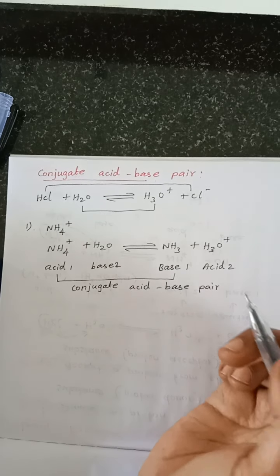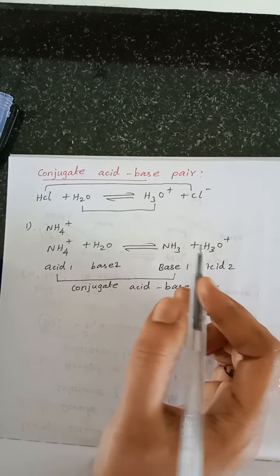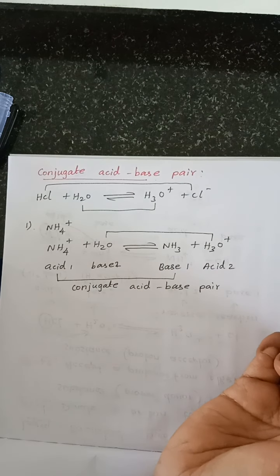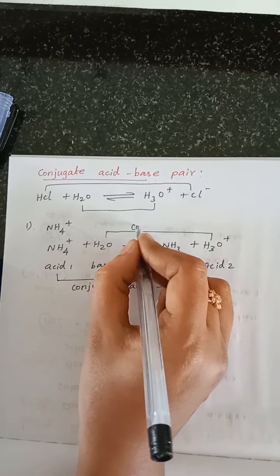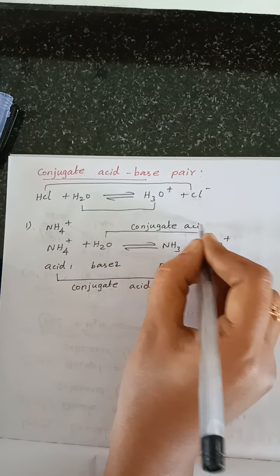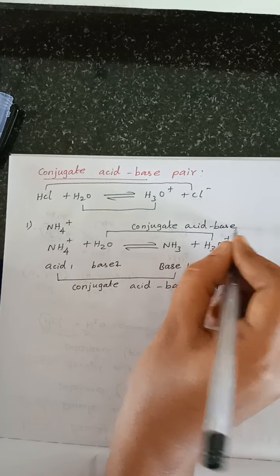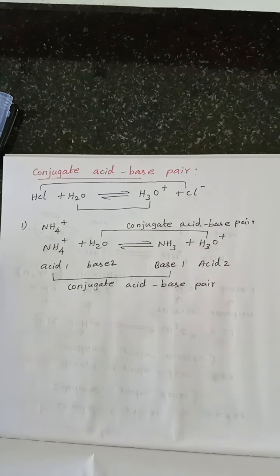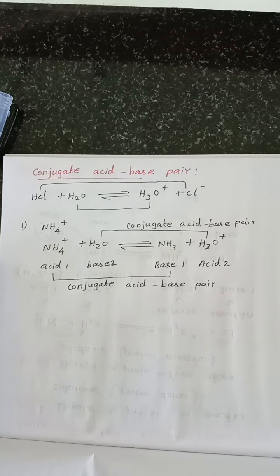The next conjugate acid and base pair is H2O to H3O+. So this is another conjugate acid base pair. Okay, children, this is the ammonium salt example. So you write the conjugate acid and base.